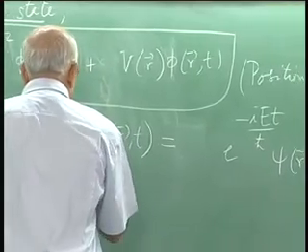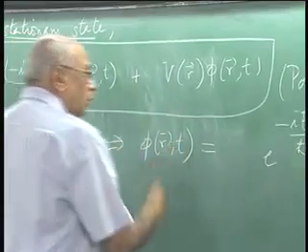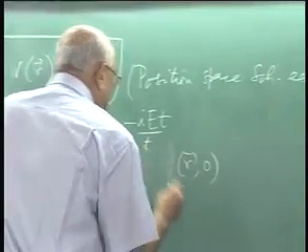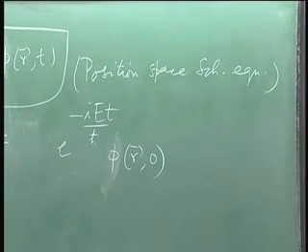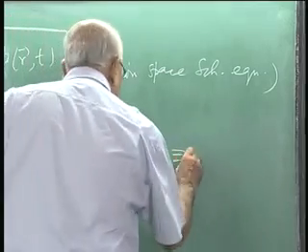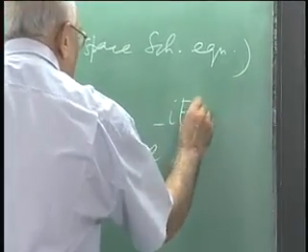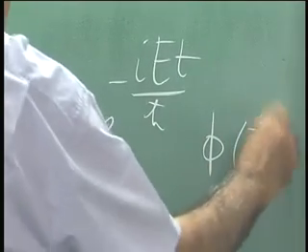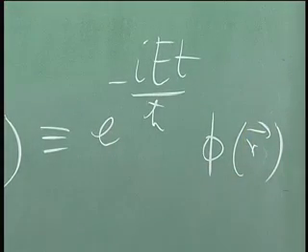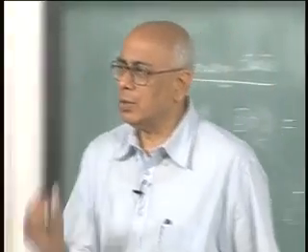So this guy here is phi of r comma 0, and without much loss of generality in notation let me just call this equal to e to the minus i E t over h cross phi of r, without putting the 0 for the t, I just call it function of r.